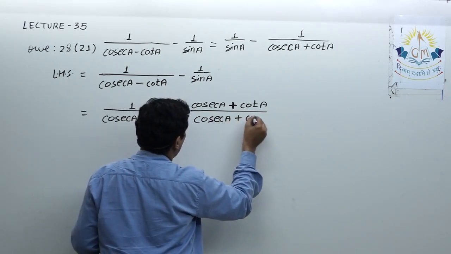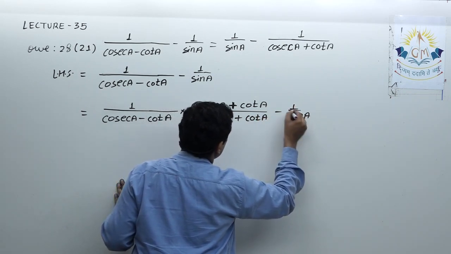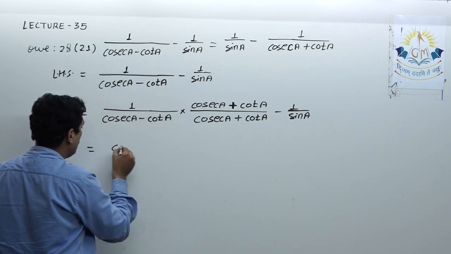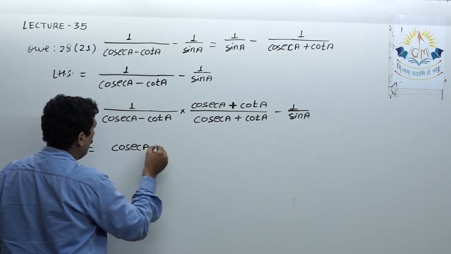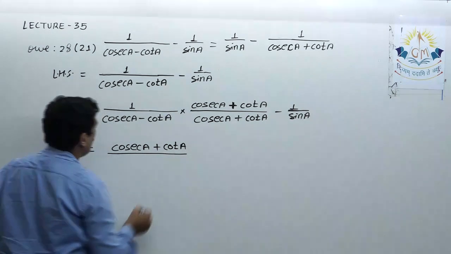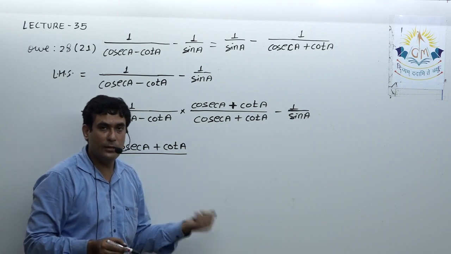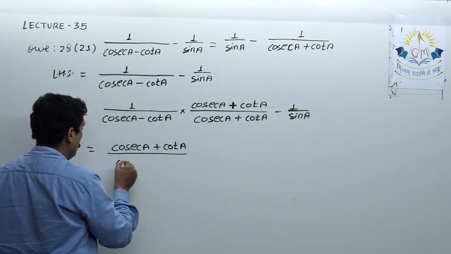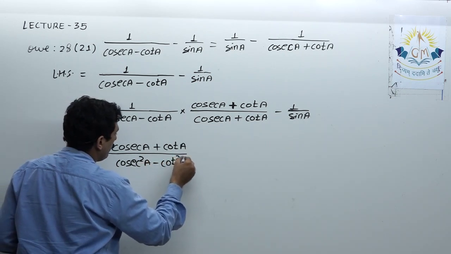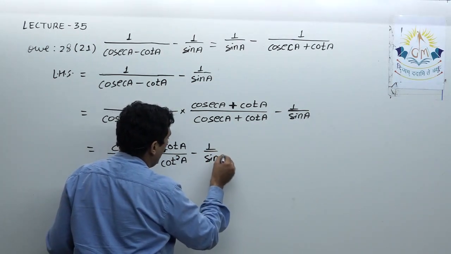Cosec A plus cot A minus 1 upon sin A. So when we do this, in the numerator I'll get cosec A plus cot A, and in the denominator it is A minus B, A plus B, that is A square minus B square, that is cosec square A minus cot square A. Minus 1 upon sin A remains as it is.